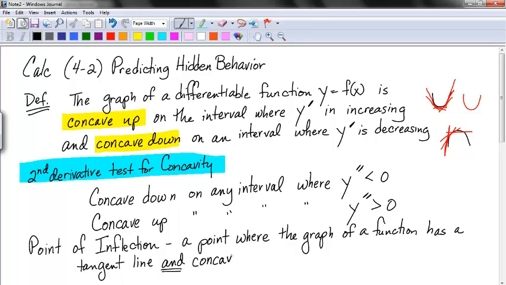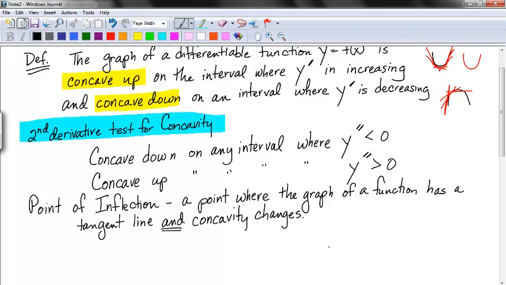So it's got to change from like concave up to concave down, or it's got to change from concave down to concave up. Okay, and we said it's going to look like this. You'll either have like this, and there'd be a point of inflection there. It switches here from concave down to concave up, or if we go this way, it's going to go from concave up to concave down. Okay, that's a point of inflection.